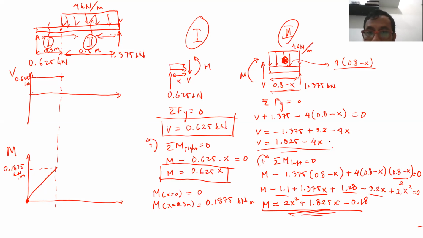Okay, let's find. Phi at x equal to 0.3 is equal to 4 multiplied by 0.3, 1.2.